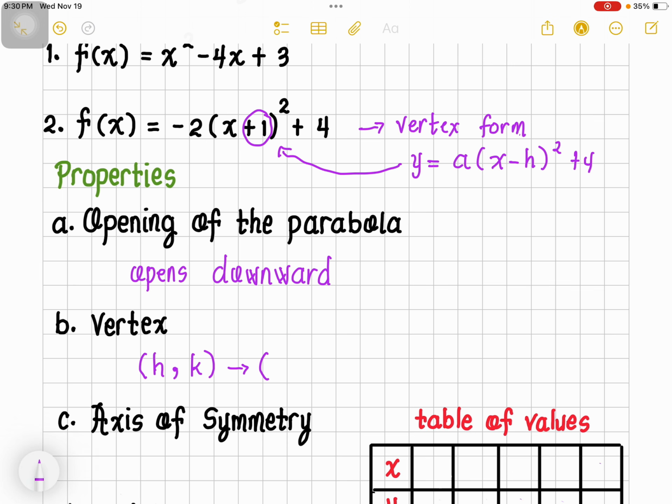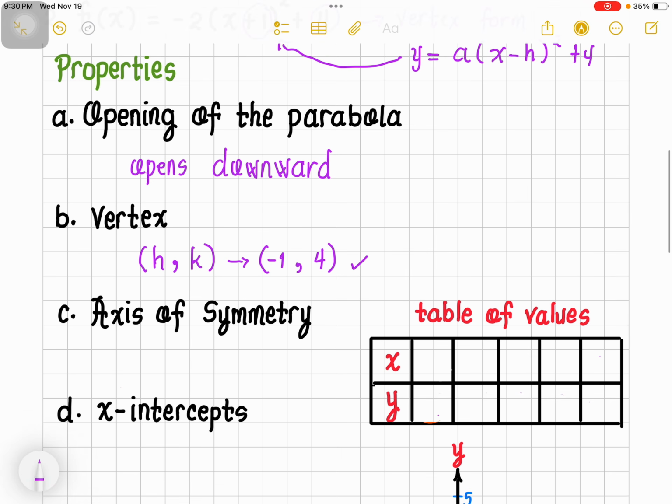Kung plus 1 yan, so gawin natin negative 1, no? Ayan. So, kung minus 1 ang given natin dyan, gagawin natin positive dito. Gets? Okay. And then, yung k value natin is, eto yun, class. Tignan nyo lang yan. So, that is plus 4 or positive 4. So, copy the sign. Kung minus 4 sa given, so negative 4 doon. Nakuha? So, therefore, ang ating vertex is negative 1, positive 4.